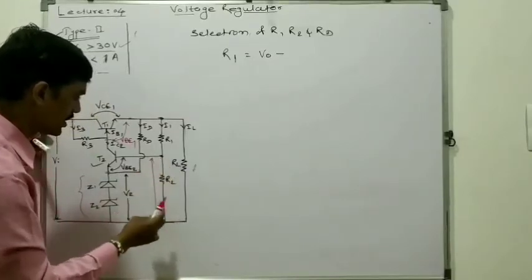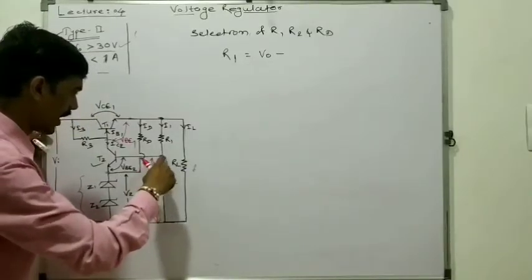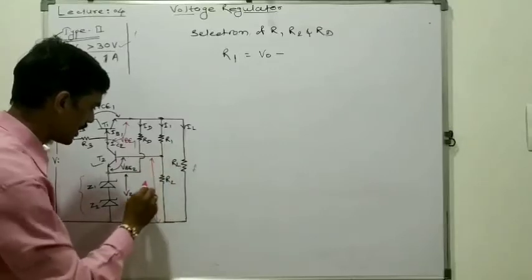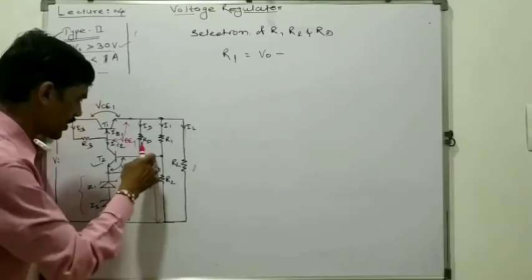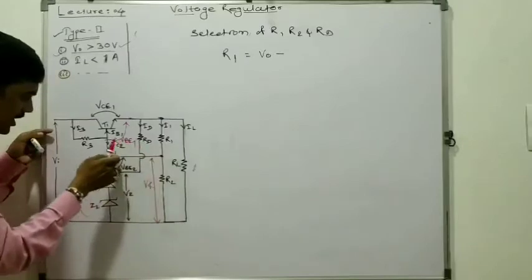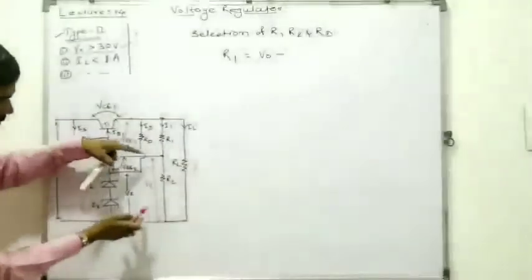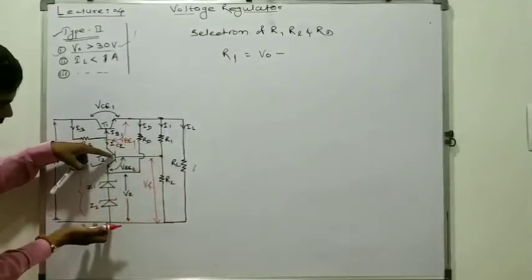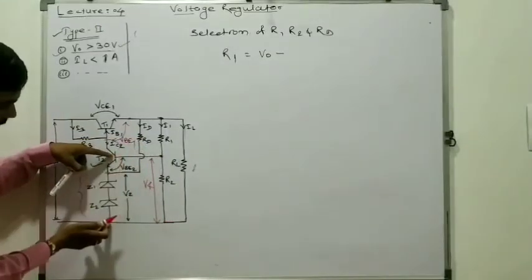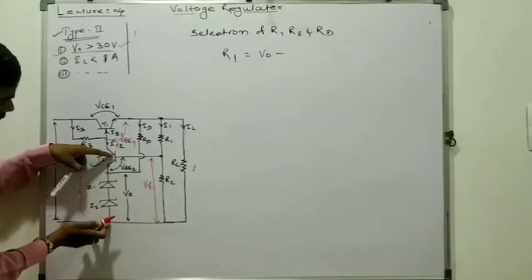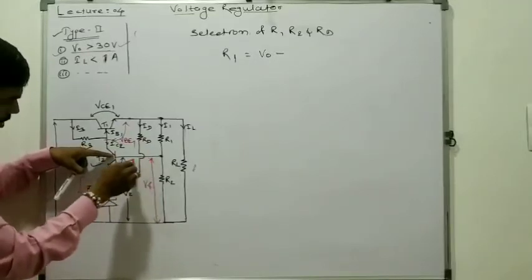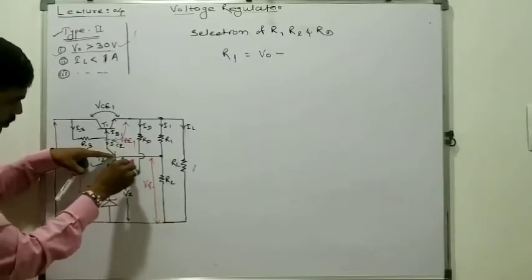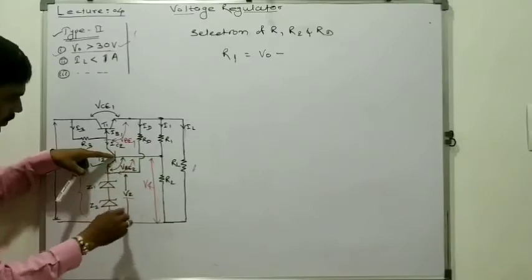So this voltage is across R2. At this point across R2, we can say that is VF. So VF is the voltage available at these two points. This R2 is parallel with the base of transistor T2 and this inner second end. So this is VB2 plus this voltage, that is VZ.